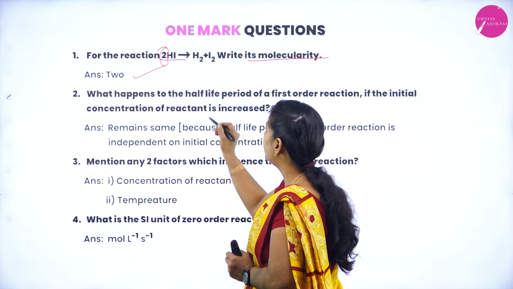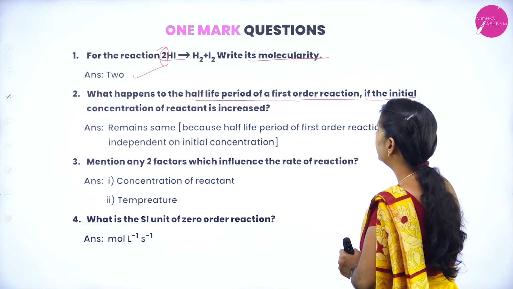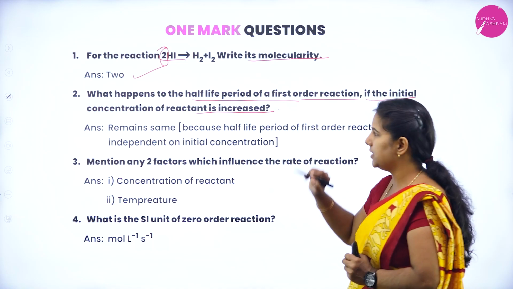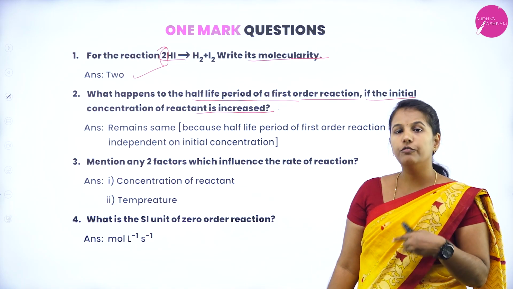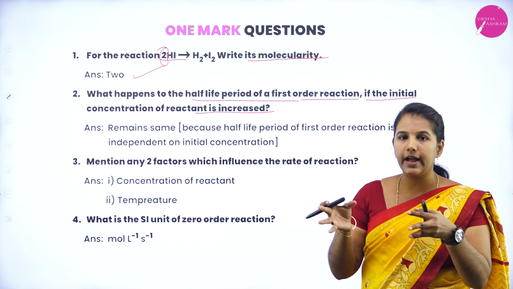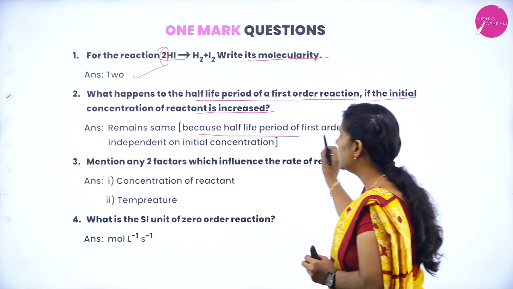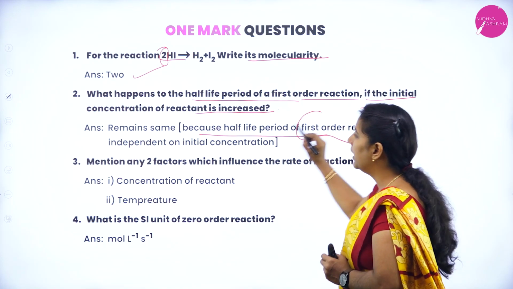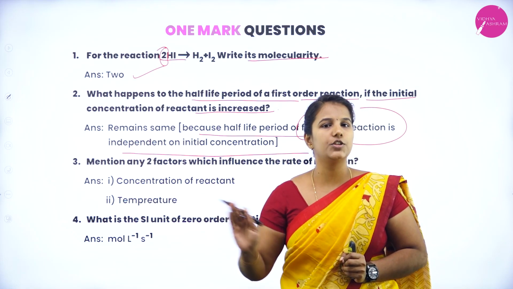Next, what happens to the half-life period of a first order reaction if the initial concentration of the reactant is increased? For first order, if the concentration of the reactant is increased, the half-life actually remains constant, because the half-life of the reaction for the first order is independent of the initial concentration of the reactant.